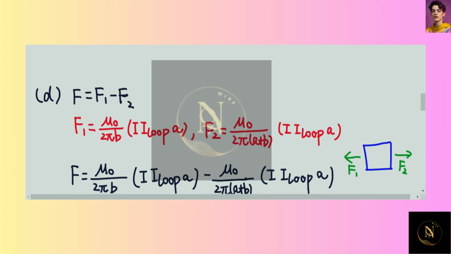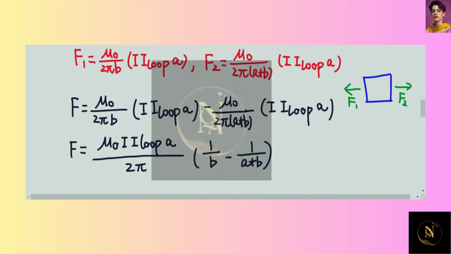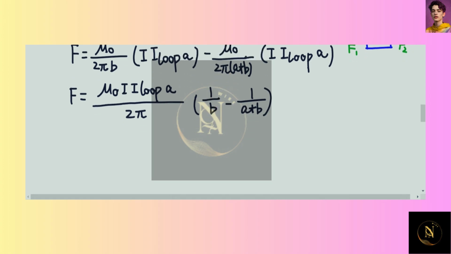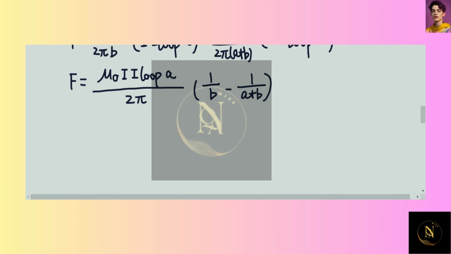We know F1 is equal to mu0 over 2 pi b times I, the current around the loop, and then times A. And F2 is equal to mu0 over 2 pi times A plus B, times I loop, and then times A. So eventually we'll have force is equal to mu0 I loop times A over 2 pi, and then times 1 over b minus 1 over A plus B.